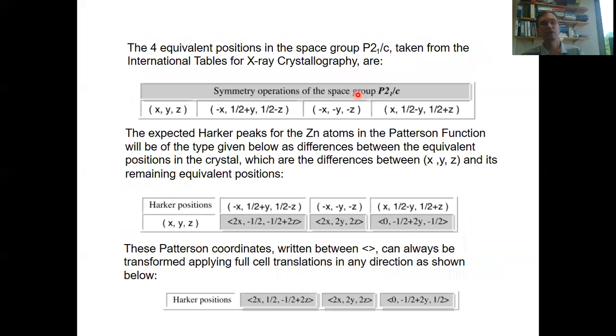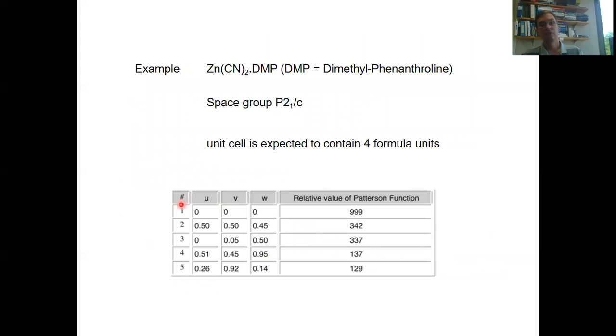So now we can look back and see if there's any peak in which v is a half. And in this case, luckily, this is only the case for one of the 5 peaks here, which is actually the second one.